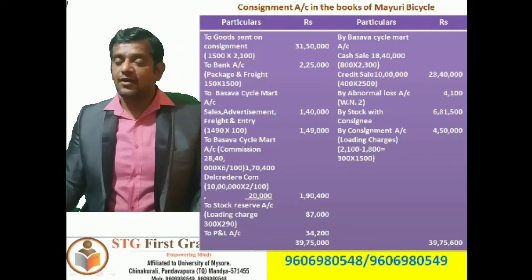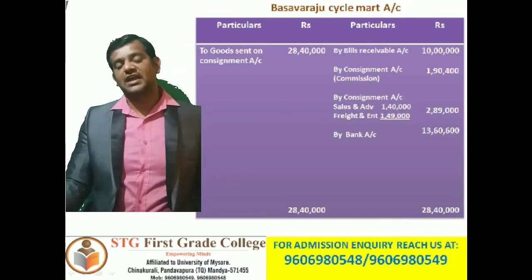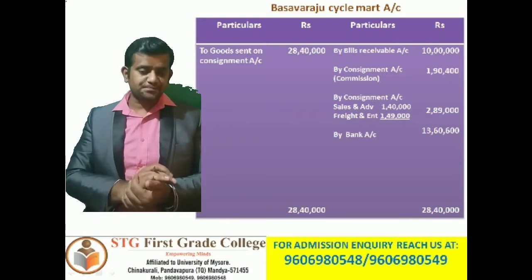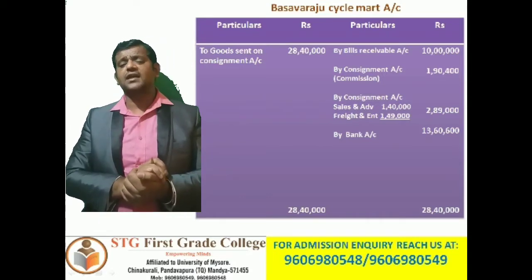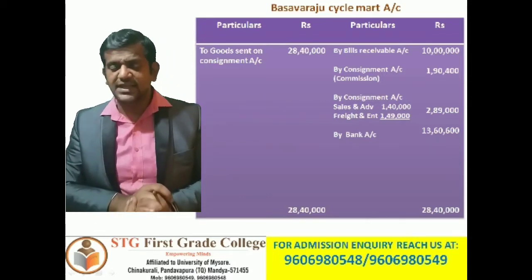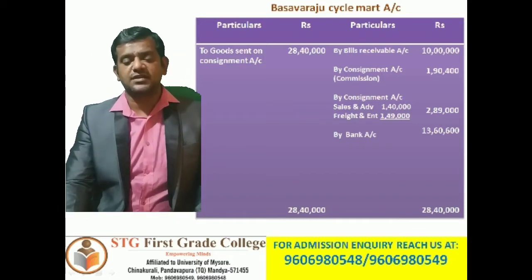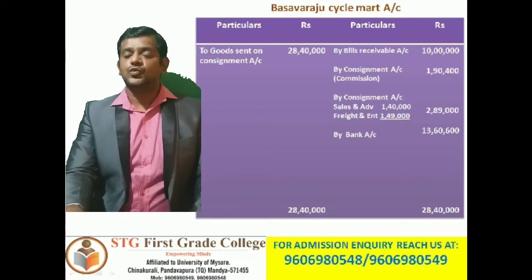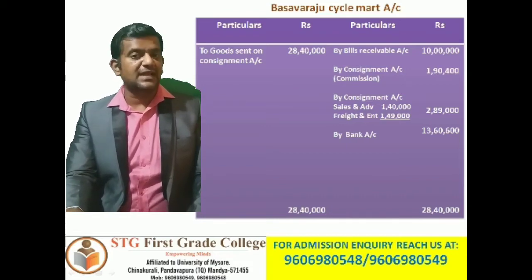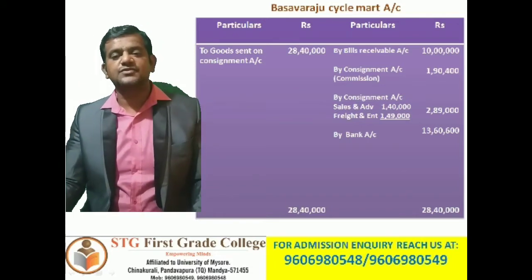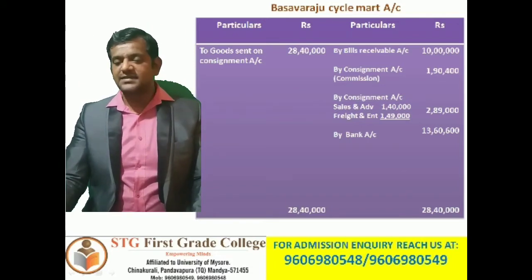Now we are further moving to Basavaraju Cycle Mart account. So particulars, rupees. Take on the debit side, to goods sent on consignment account, that is nothing but sales proceeds. We all know that sales is 28,40,000. So go back to the credit side. Write down by bills receivable account.